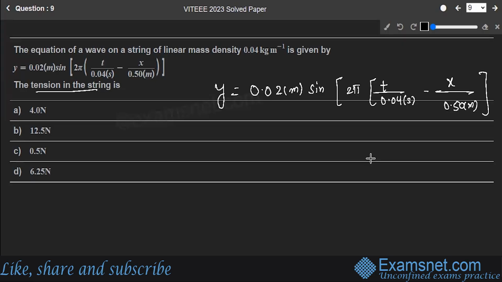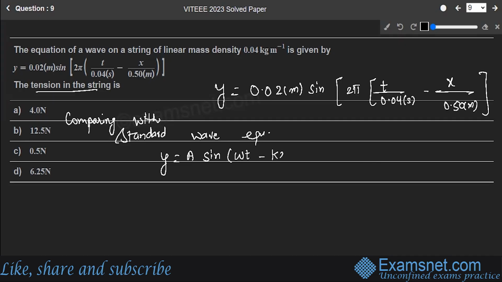If I compare it with the standard wave equation, you have y is equal to A sine omega t minus kx. So according to this, you have omega as 2 pi upon 0.04 radians per second.